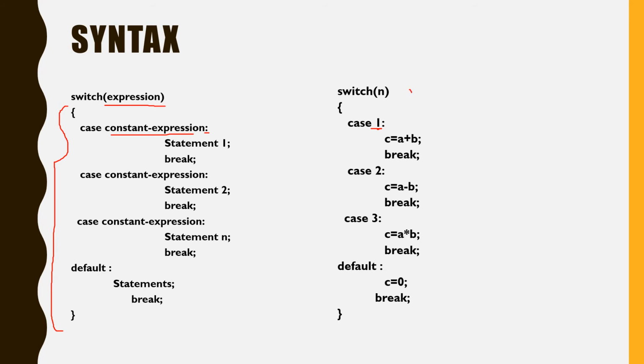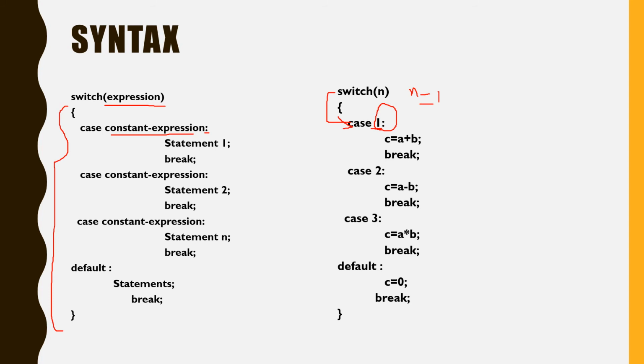So if I am passing n is equal to 1, then this case 1 will be enabled. It means the value of n will be compared with the constant value that you have given in the case statements. First, the value of n will be compared with the first case.